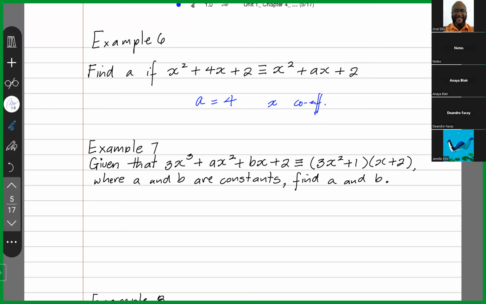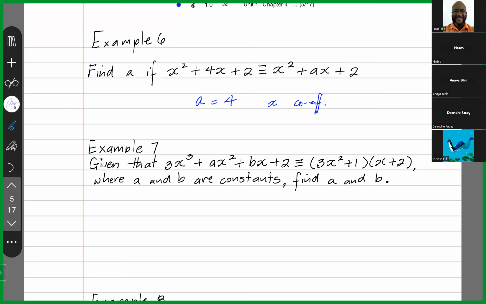So again, we're looking at the idea of equal polynomials. When two polynomials are equal, they have the exact same terms. The terms on the left are the same as the terms on the right. They will have the same term in x squared, the same term in x, and the same constant term.